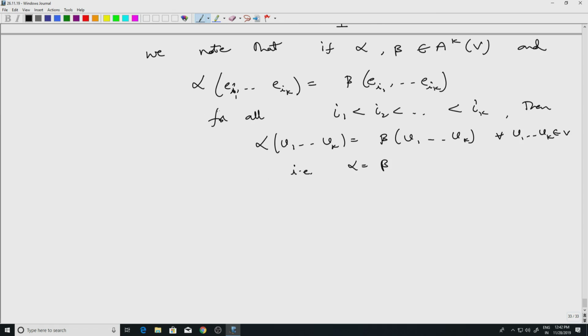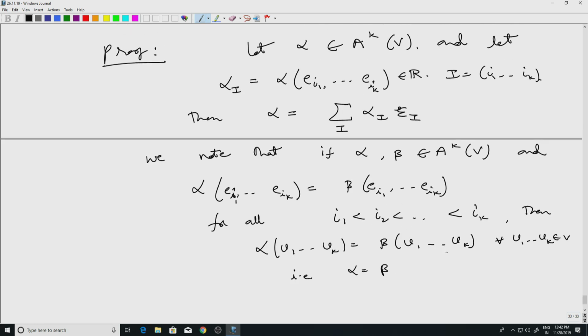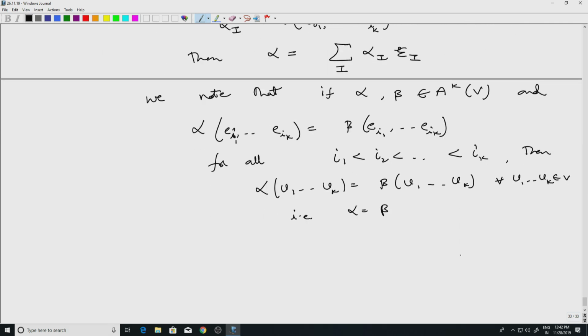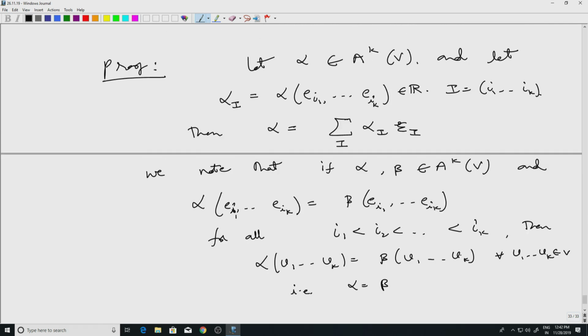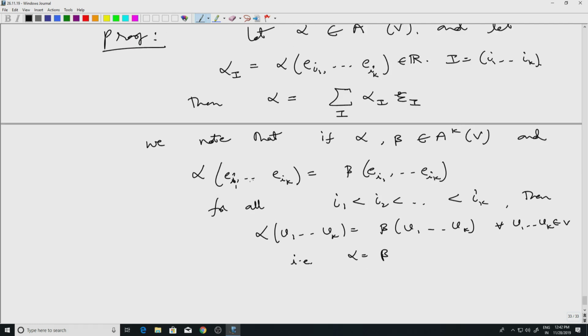So again, this is something which follows immediately from the definition of an alternating form. So first of all, one notices that if any two indices i_p and i_r are the same, then both sides will be 0 by the alternating property.